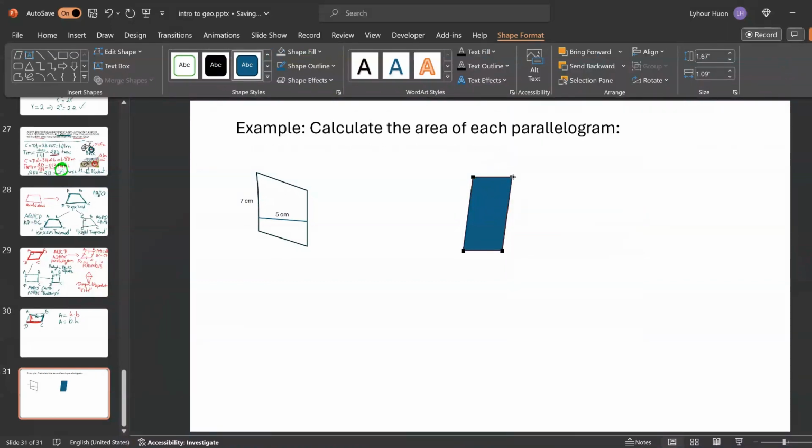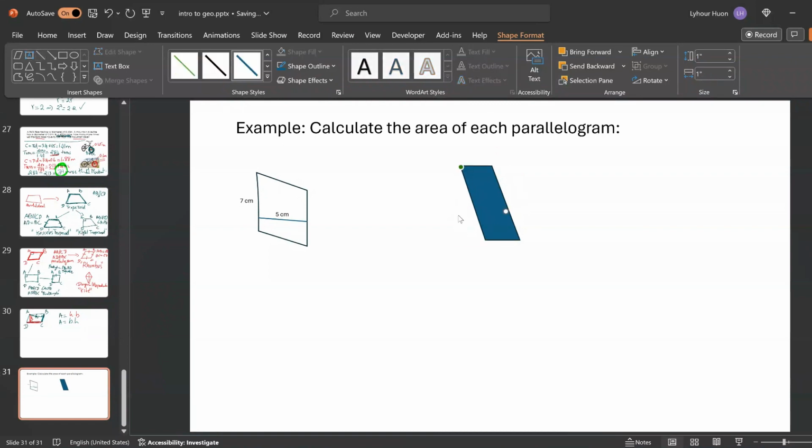This one bends here, and it should look like it's flipped.